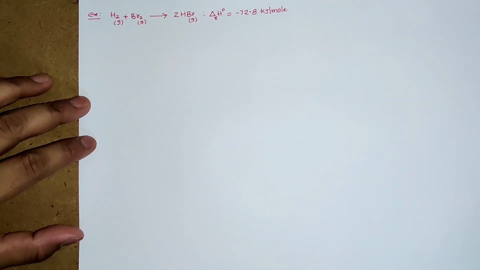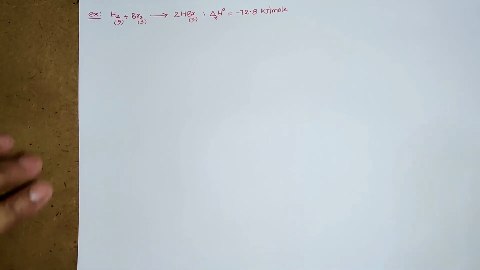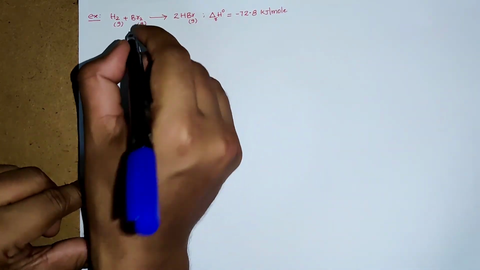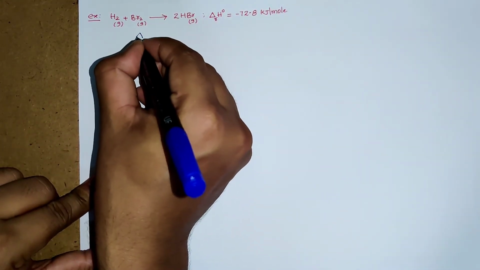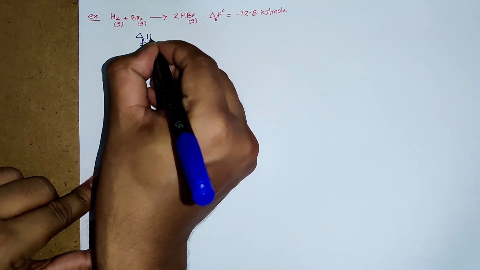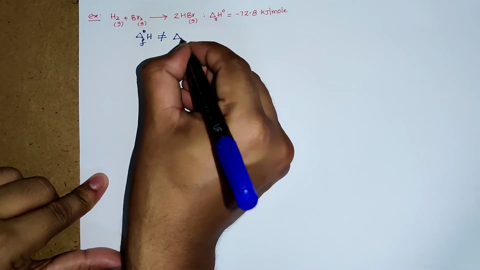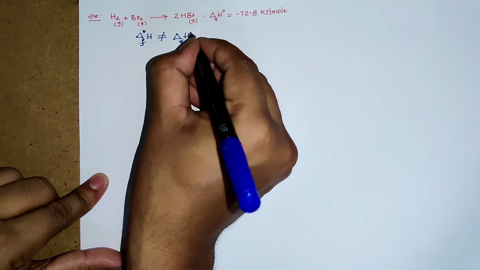So let us take another example. Now let us find out whether, in this case, the enthalpy of formation is equal to the enthalpy of reaction or not. We need to check that. Now in this reaction also, the standard enthalpy of formation is not equal to the standard enthalpy of reaction.